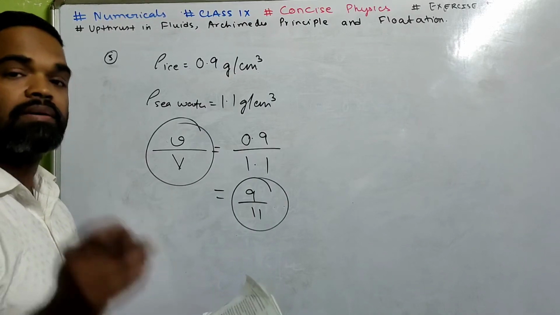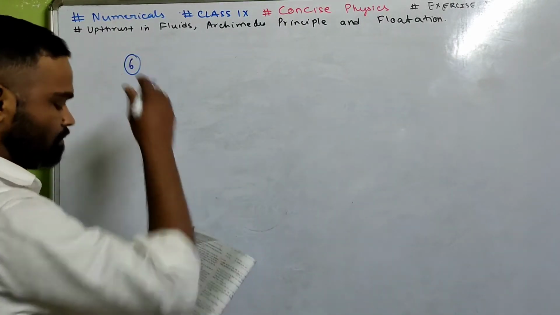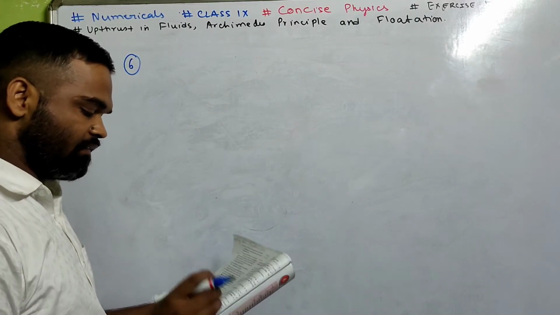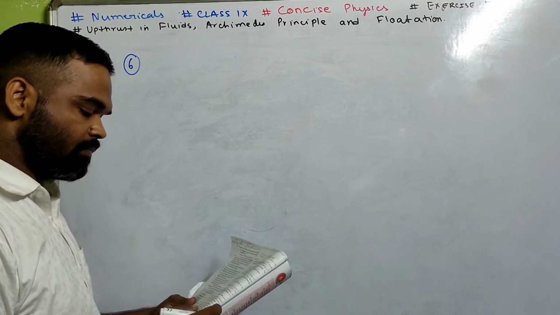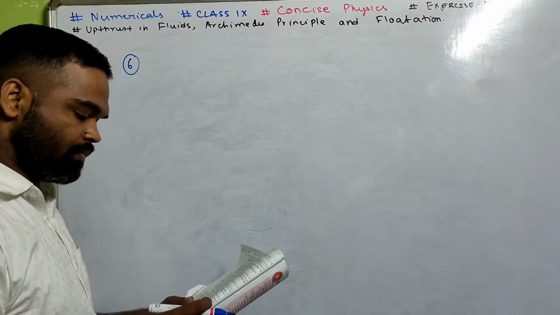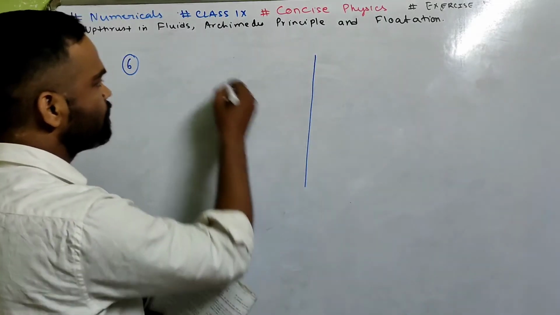Now let us look at number 6. Look at what they have told. A piece of wood of uniform cross section and height 15 centimeter floats vertically with its height 10 centimeter in water and 12 centimeter in spirit. So we have two cases.